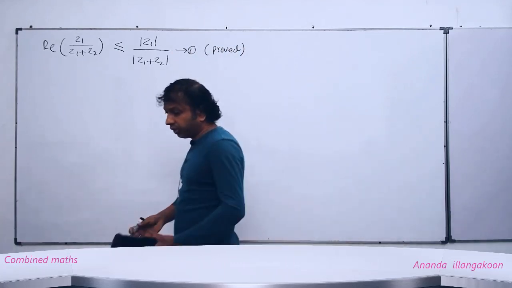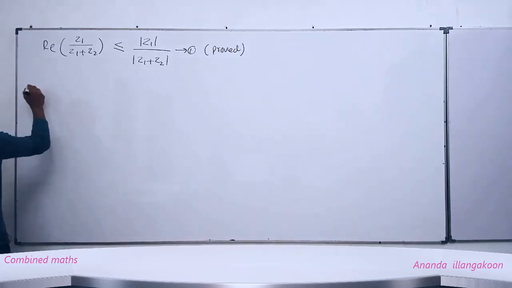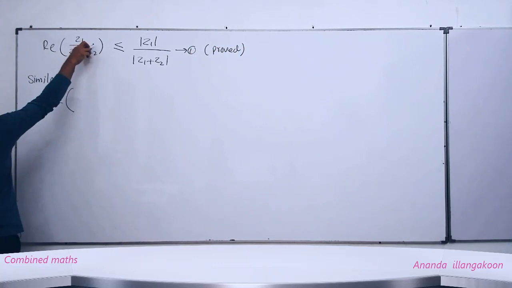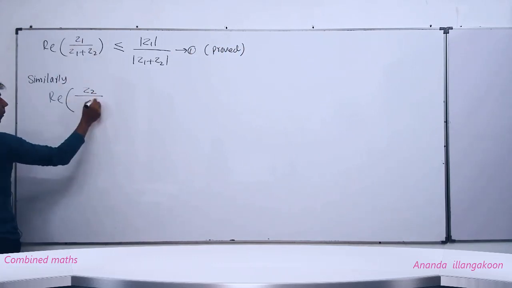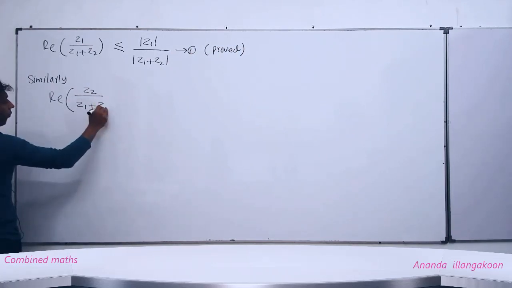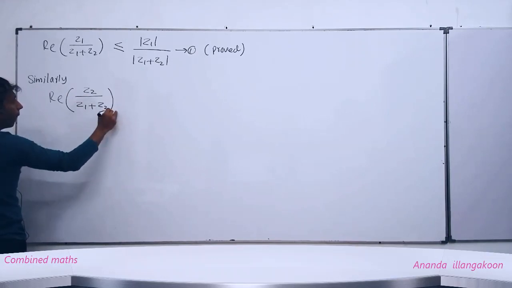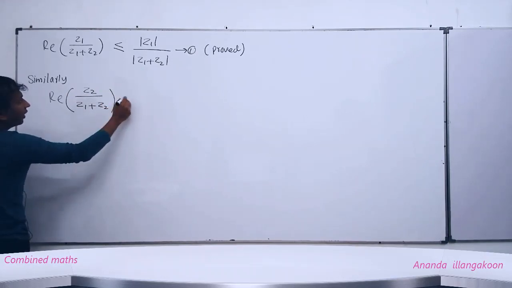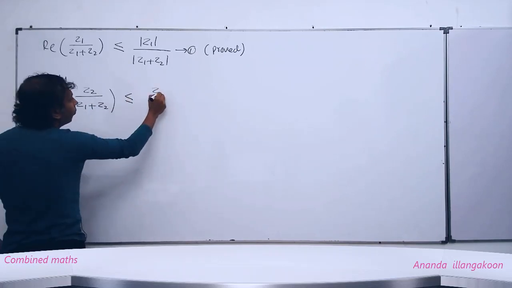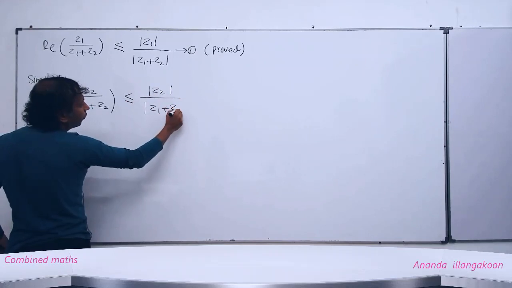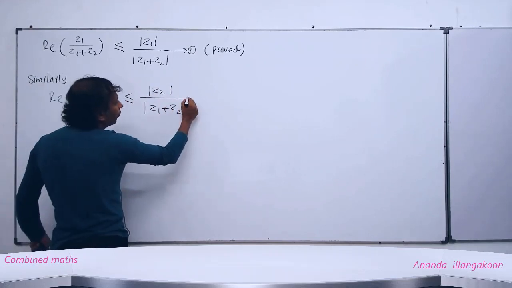And similarly we can write the real part of, putting Z2 in place of Z1, Z2 divided by Z1 plus Z2, less than or equal to mod Z2 divided by mod Z1 plus Z2. Number 2.